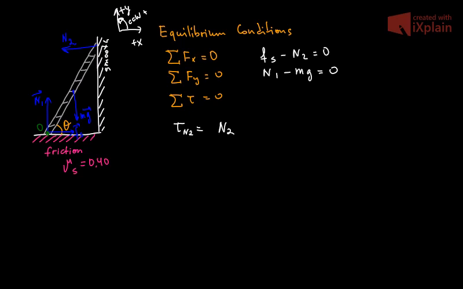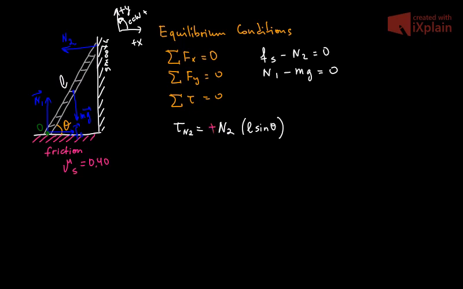If the length of the ladder is L, the lever arm would be L times sine theta. N2 will rotate the ladder in a clockwise direction, therefore it has a positive sign here.